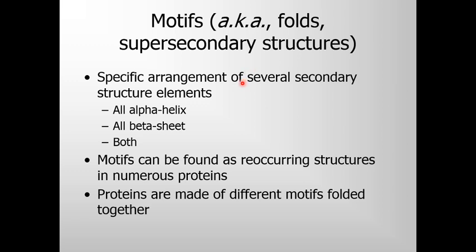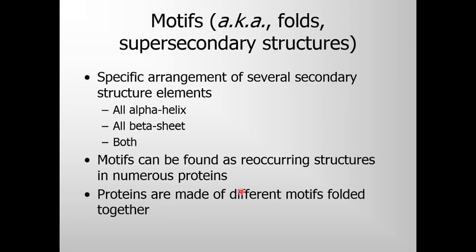It could also be a very elaborate structure consisting of several secondary structure elements, like all alpha helix, all beta sheets, or a combination of both. Motifs can be found as recurring structures in numerous proteins.